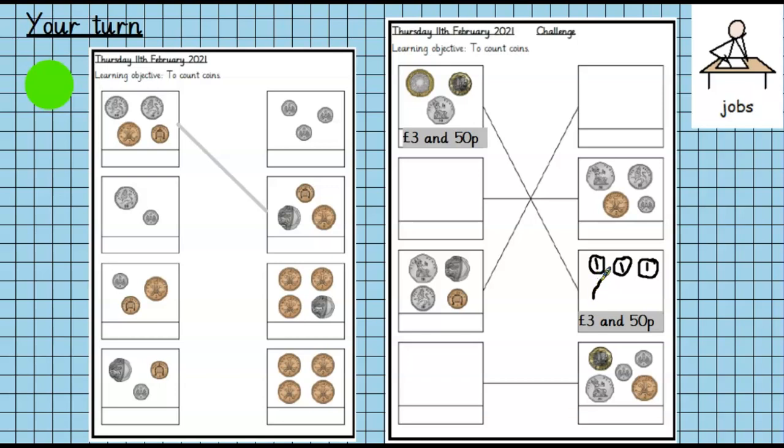Or I could do a 50p, which, oh my goodness, is quite difficult to draw. There we go, this can be my 50p.